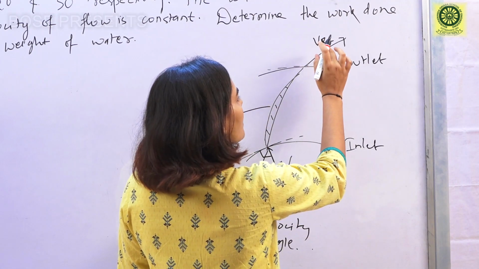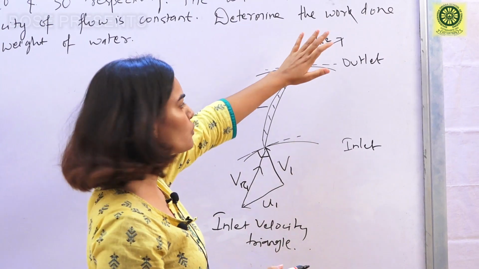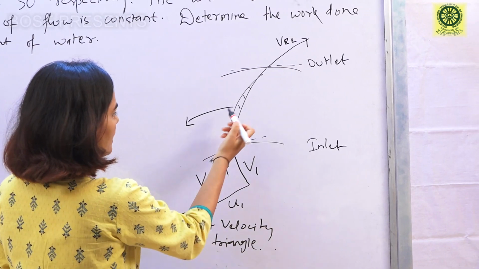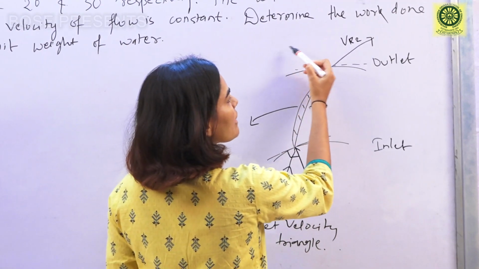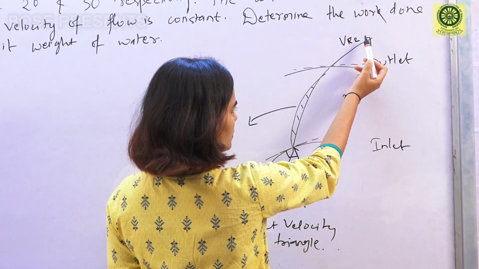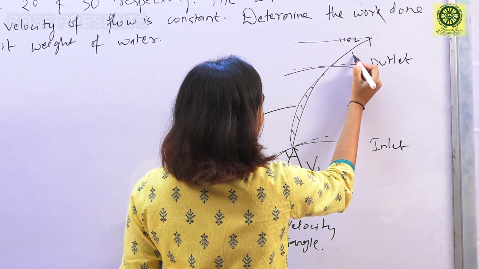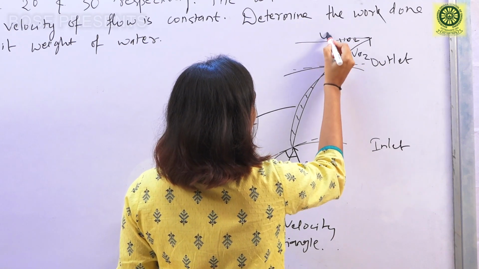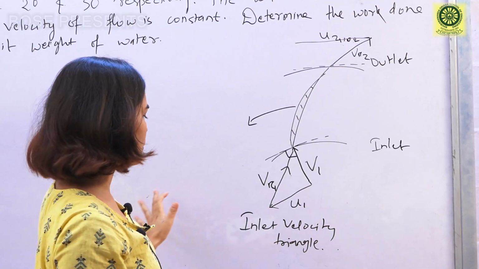This is the relative velocity of water with which the water is moving. Now similarly, as the impeller is moving in this direction, we will have impeller velocity here also, U2 over here.